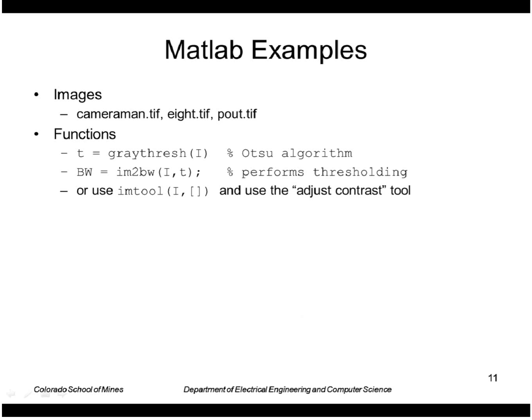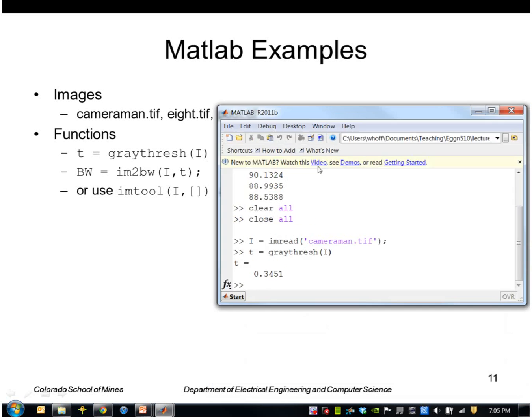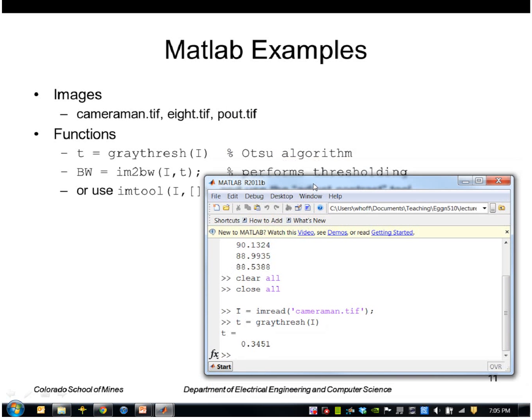So let me run this. I'll run graythresh, and this returns a value of 0.341, and that, however, is normalized between 0 and 1.